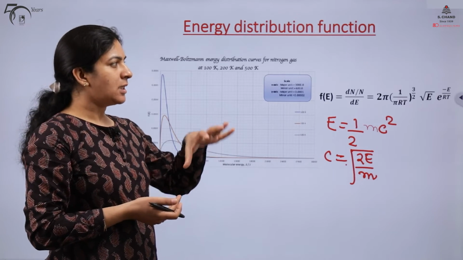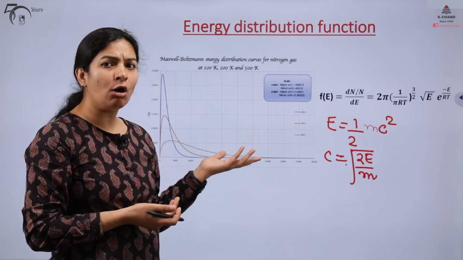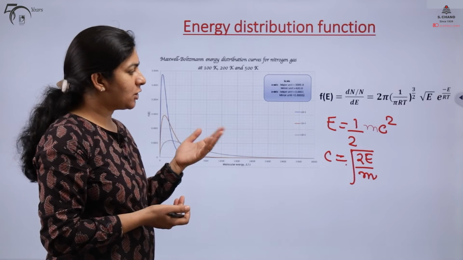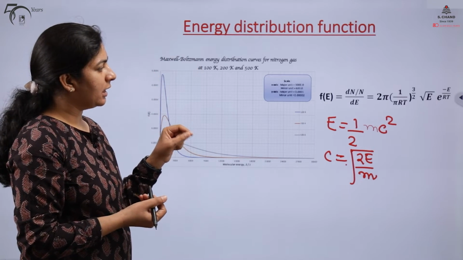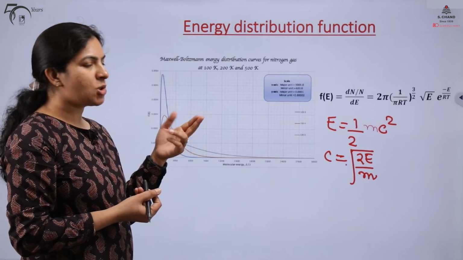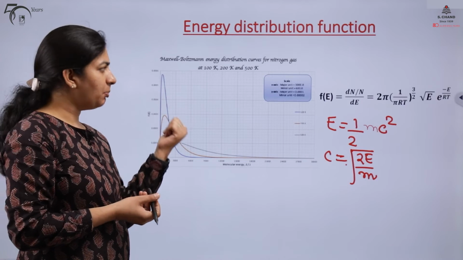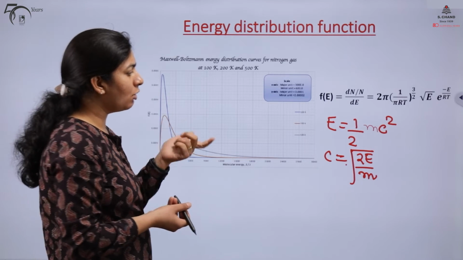Earlier we were discussing molecular velocities, now we are discussing molecular energies or kinetic energies. So what is changing here is that instead of the c square dc term which appeared in the earlier equation, we would write that term in terms of energy.